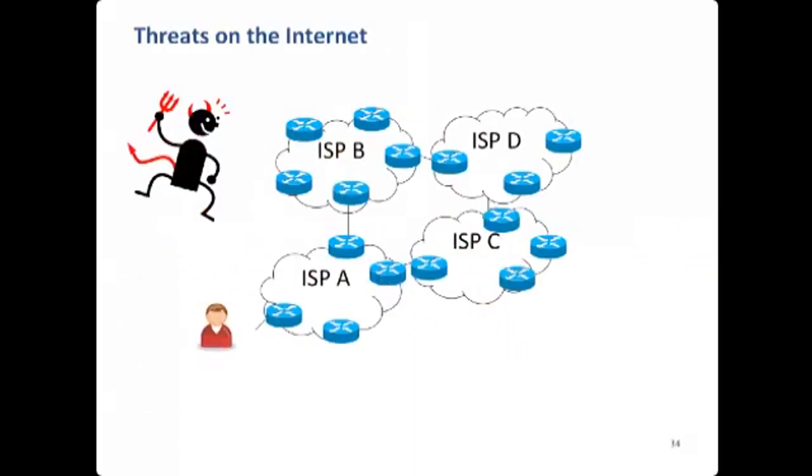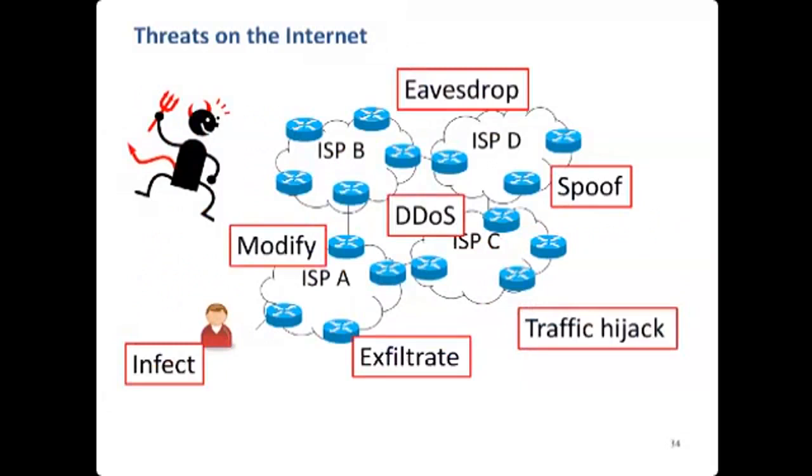So there are a large number of threats on the internet: eavesdropping, denial of service attacks, modifying packets, spoofing, traffic hijacking. Like what happened when the routing protocol was changed by Chinese cyber criminals, and then the whole world's traffic went through there, because again these routing protocols, BGP etc., are based on trust.